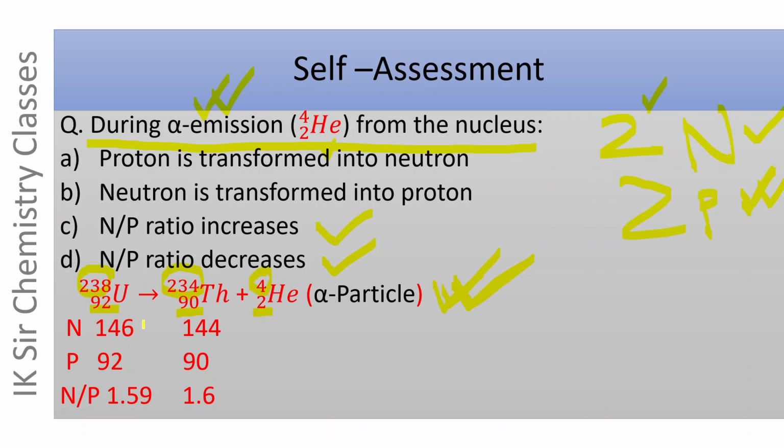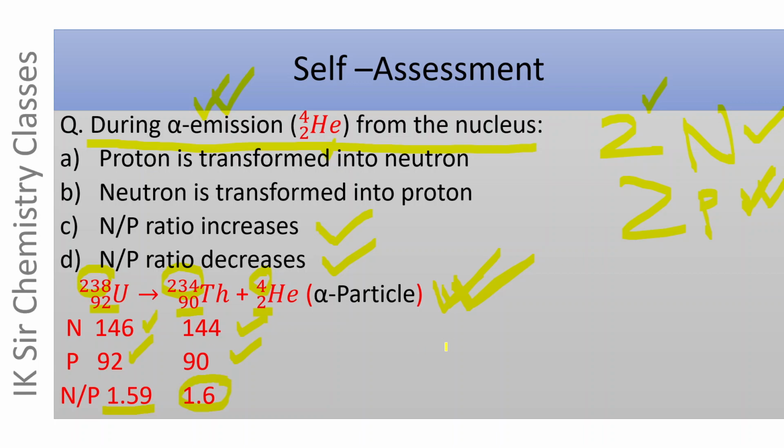U-238 contains 146 neutrons, 238 minus 92, and 92 protons. Its N by P ratio is 1.59. On the other hand, thorium-234 contains 144 neutrons and 90 protons. Its N by P ratio, 144 divided by 90, will be 1.6.